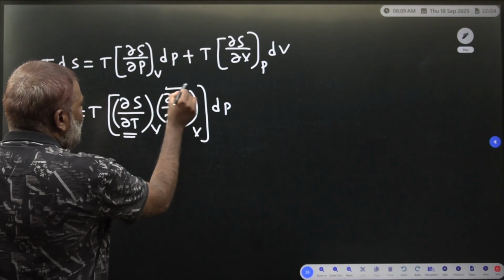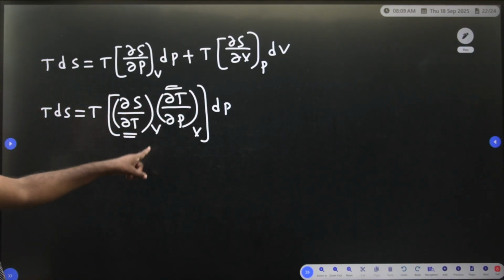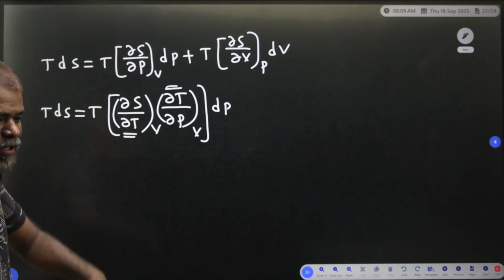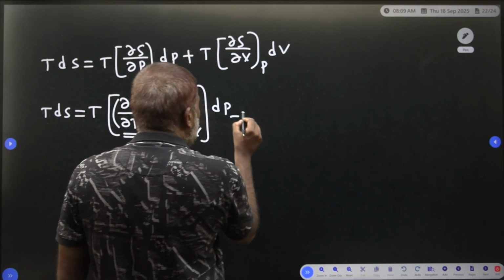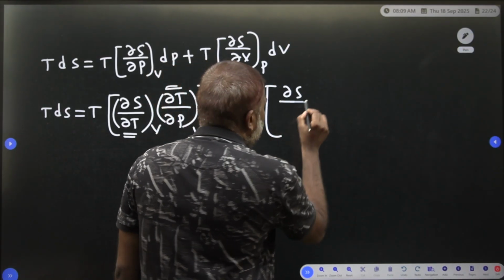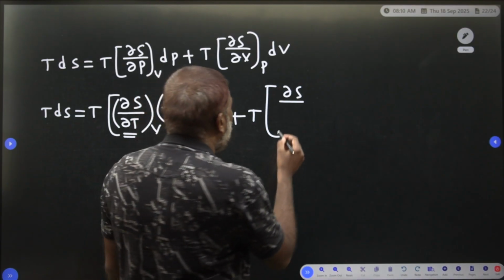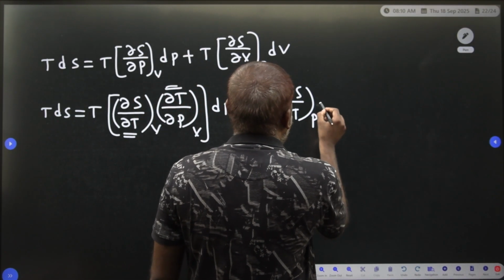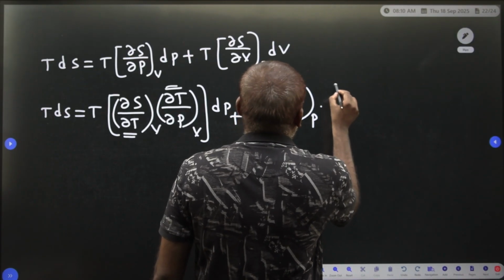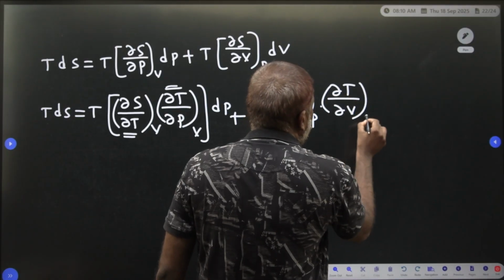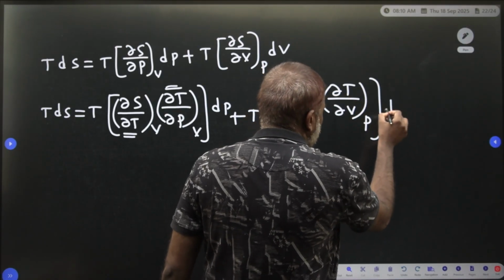I am multiplying with dT and dividing with dT, so they get cancelled, and therefore you get the same expression. Similarly you have to do this term also: ∂S/∂T at constant pressure into ∂T/∂V at constant pressure into dV.